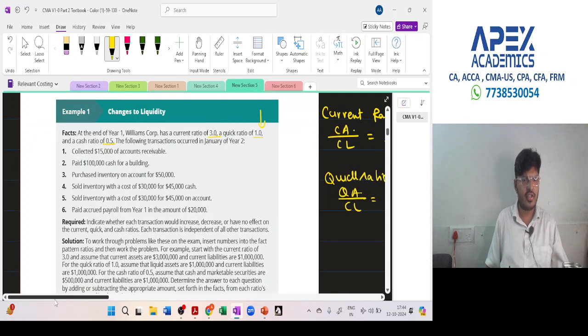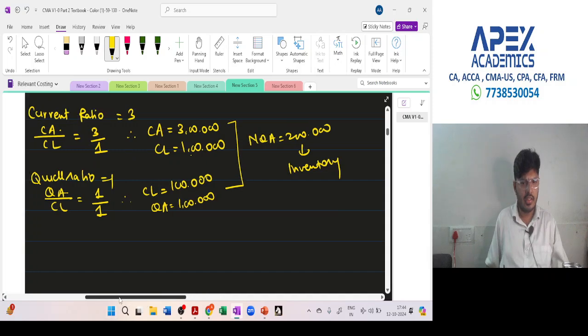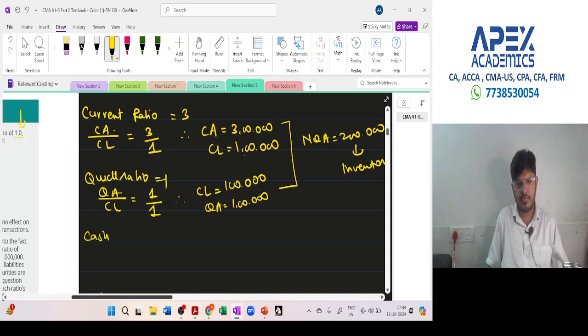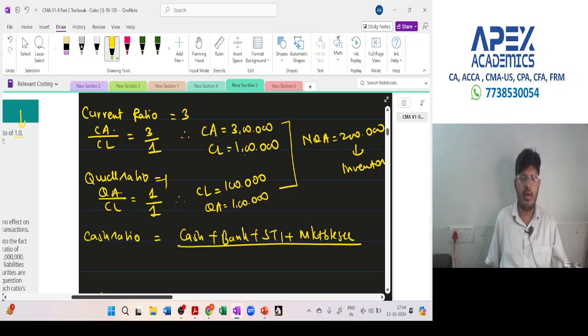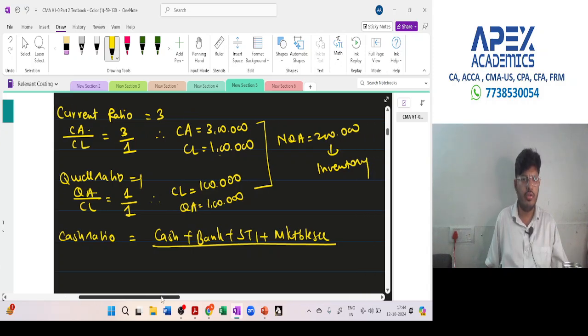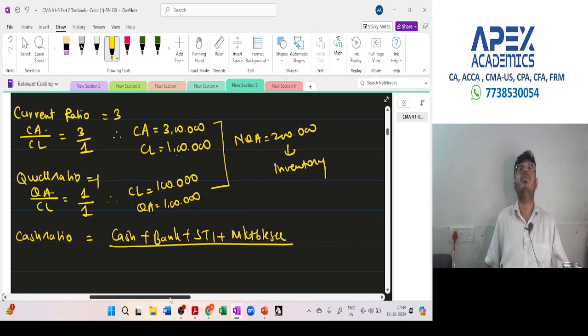Third, they are saying cash ratio. My dear friends, cash ratio is equal to cash balance plus bank balance plus short-term investments plus marketable securities. Why are you using so many different words? Because this is how the chartered accountants do it, and that is how you are supposed to do it, irrespective of whether you are becoming a USCM.